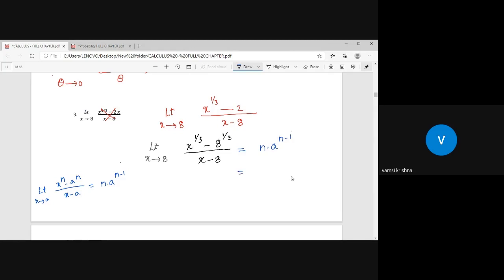Here n means 1 by 3, so 1 by 3 into 8 power 1 by 3 minus 1, which is 1 by 3 into 8 power minus 2 by 3. 8 is 2 cube, so 8 power 1 by 3 is 2, and minus 2 gives 1 by 2 square, so 1 by 4. So 1 by 3 into 1 by 4 result is 1 by 12. You can write 8 as 2 cube and you will get the answer as 1 by 12.